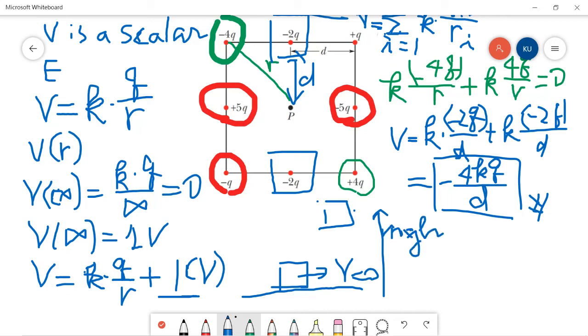So if we define it to be 1, then it will be only plus 1. So it's something like this. It doesn't really matter, because from here to there, the change of potential remains the same. So it doesn't really matter.